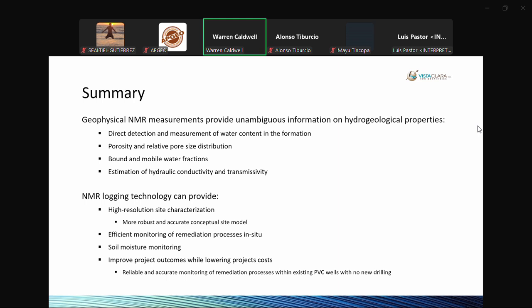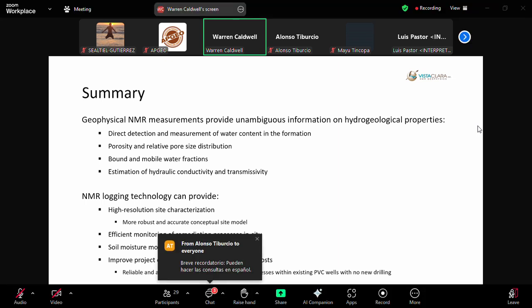We have a 1.75 inch and 1.4 inch version of the DART. So the 1.75 inch, 44 millimeter, yes, you would be able to deploy that in a 63 millimeter PVC casing.